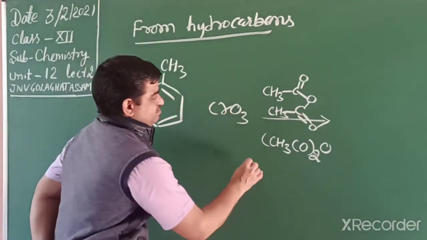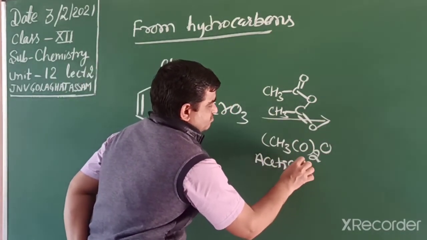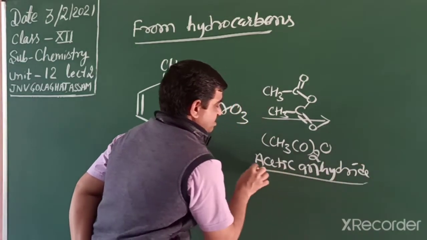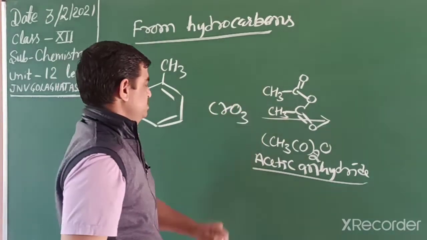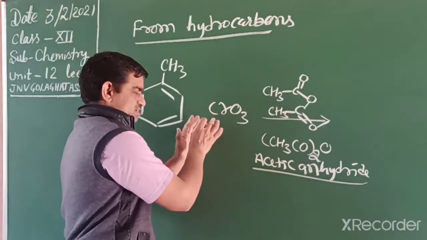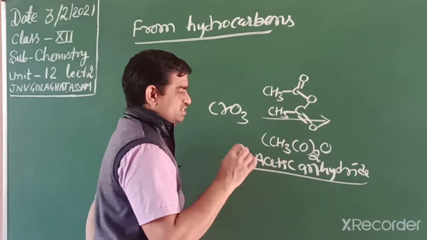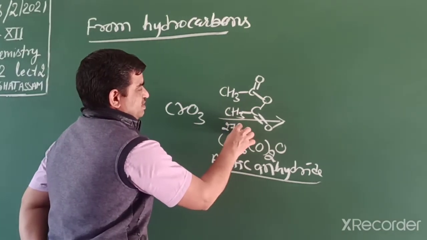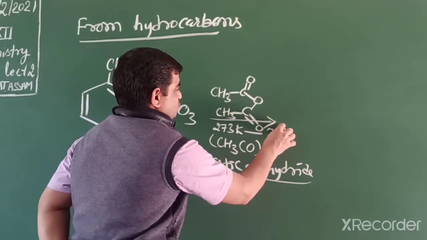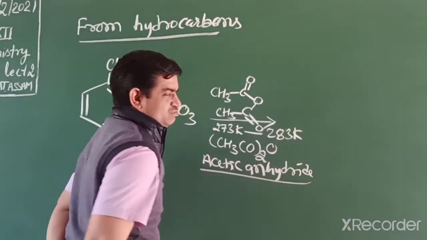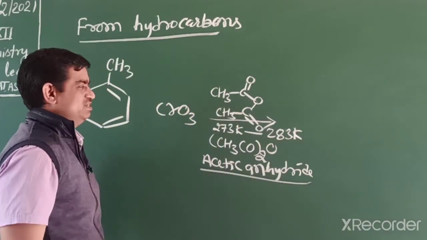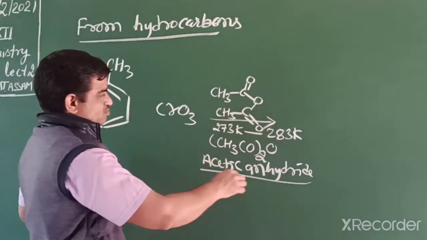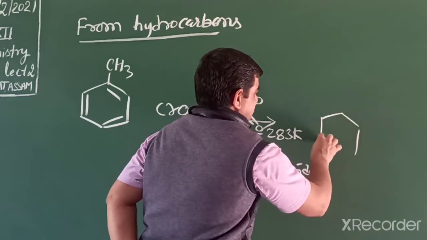Acetic anhydride is the common name; the IUPAC name is ethanoic anhydride. It reacts in a freezing mixture, at 273 Kelvin to 283, meaning 0 to 10 degrees Celsius, a lower temperature, and forms a complex like this.